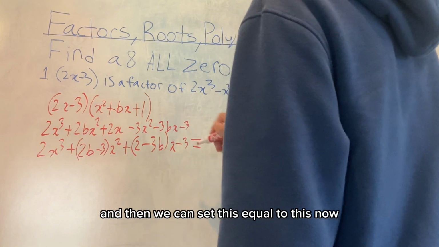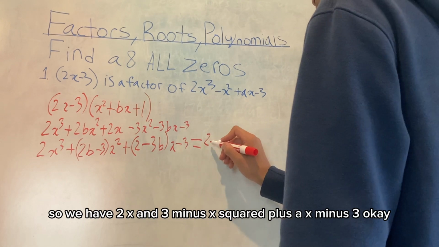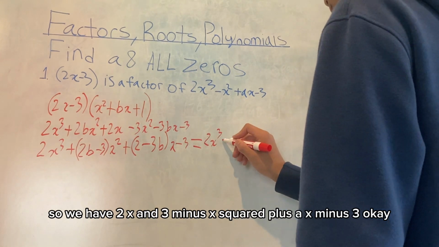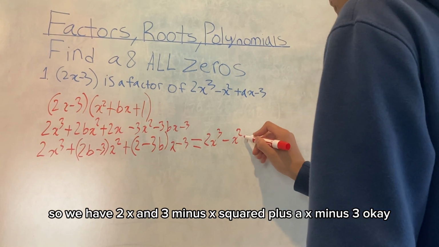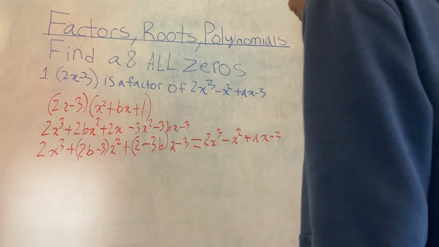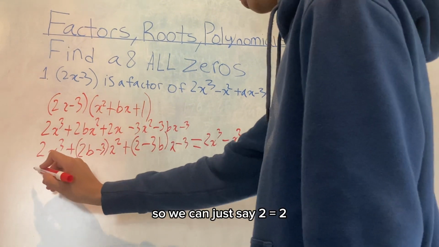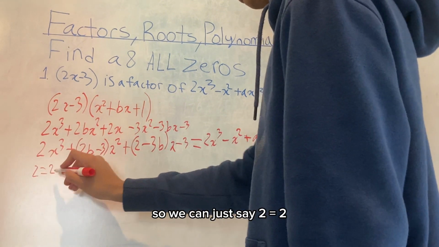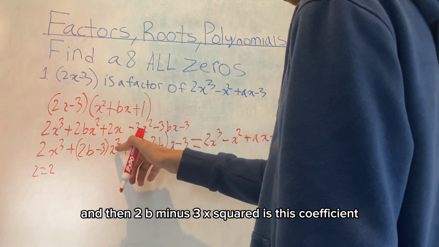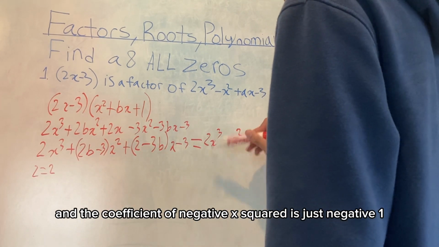And then we can set this equal to this now, because we multiplied by this. So we have 2x to the 3 minus x squared plus ax minus 3. Okay, so now again, 2x to the 3 is the same as 2x to the 3, so we can just say 2 equals 2. And then 2b minus 3 is the coefficient of x squared, and the coefficient of x squared on the other side is negative 1.